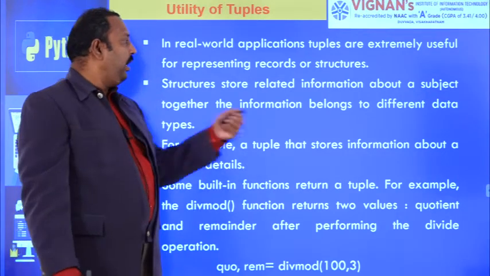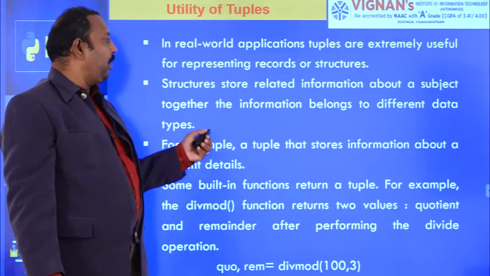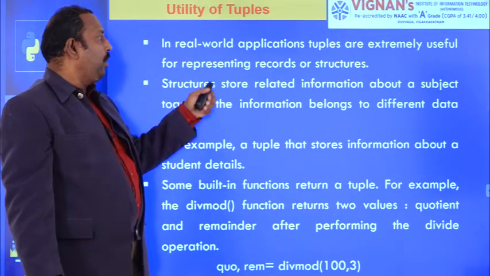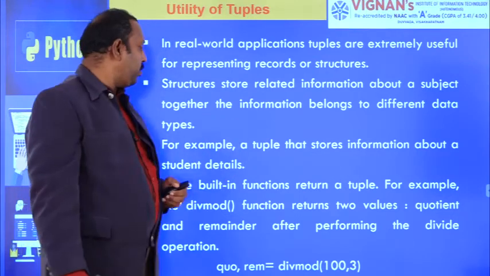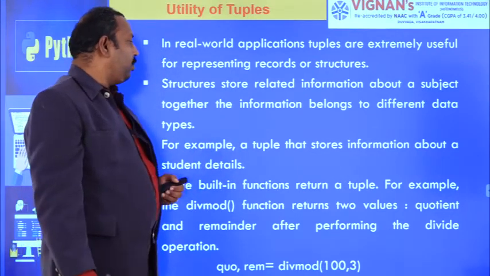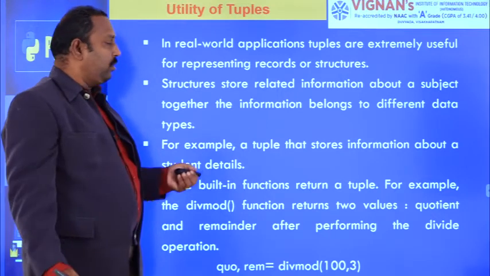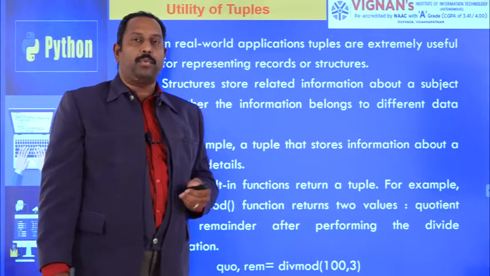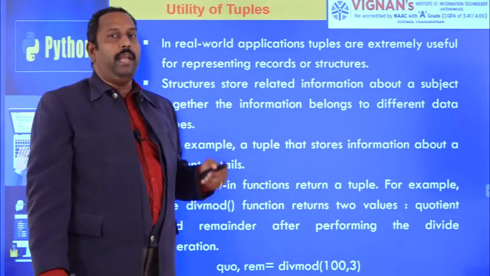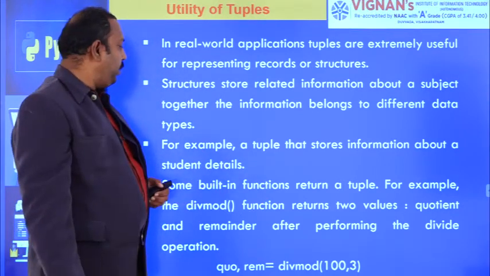So a collection of different data types can be used in a structure. Real-time records or structures can be represented using the tuple data structure. For example, a tuple that stores student details. Not only student details, a tuple can store employee details, any type of record data can be stored in a tuple.